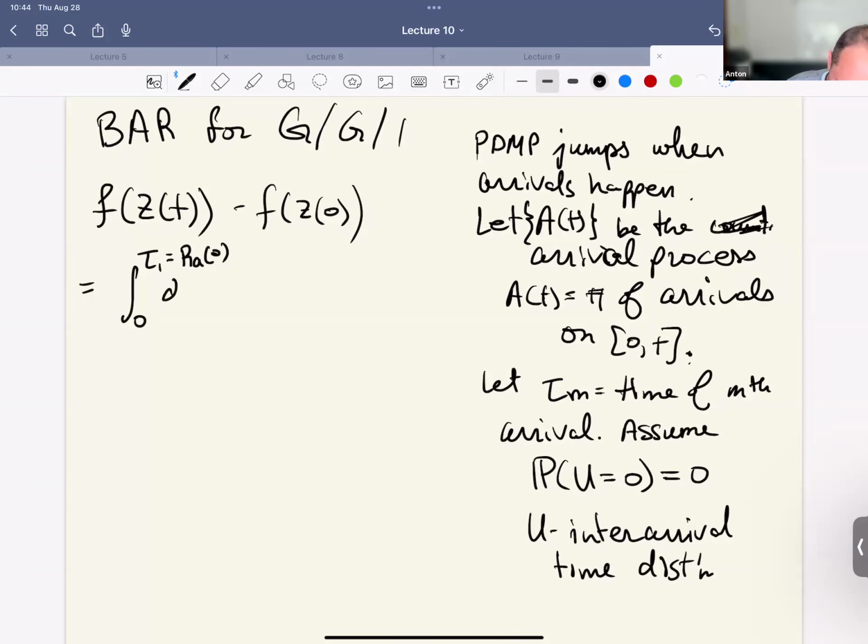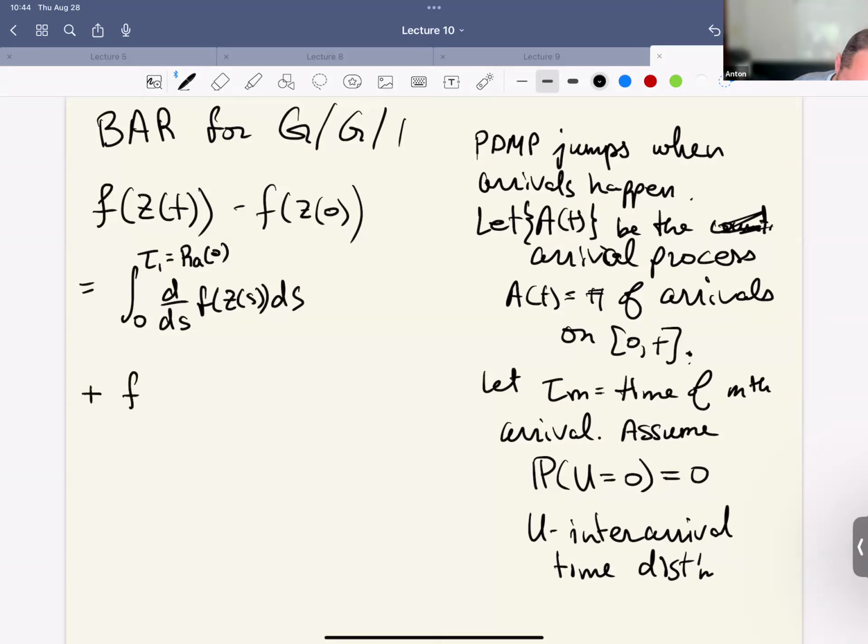So the integral of d by ds of f of z of s, ds. This first integral is the fundamental theorem of calculus. Why? Because the process is deterministic from 0 to tau 1. Now at tau 1 something happens.